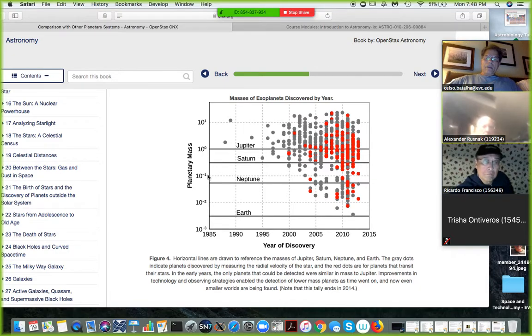And here is indicating most of the planets found. The smaller planets started to be detected once Kepler came in, after 2010 or so.